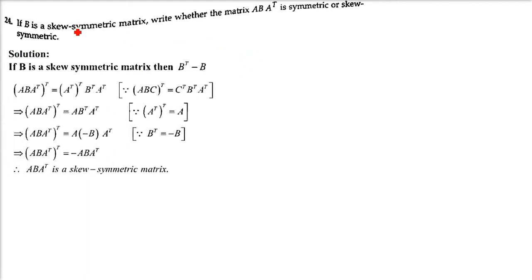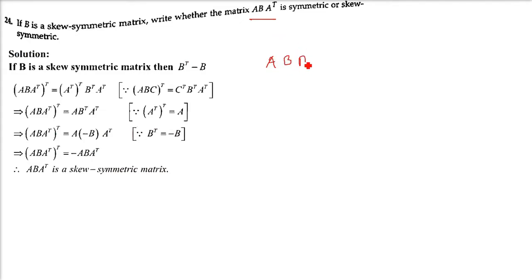If B is a skew symmetric matrix, write whether the matrix A B A transpose is symmetric or skew symmetric. So we have to take ABA transpose as a single matrix, and we have to prove whether it is symmetric or skew symmetric.